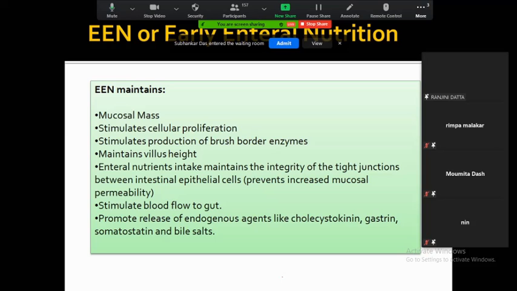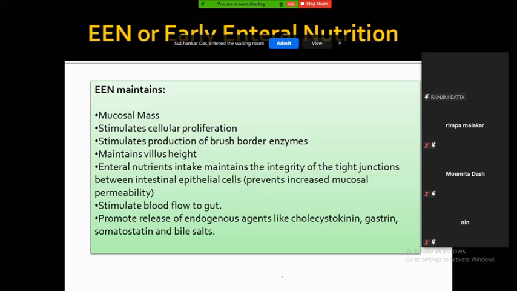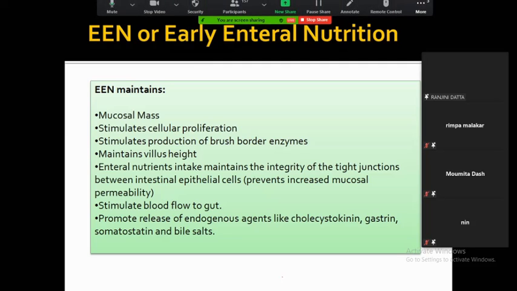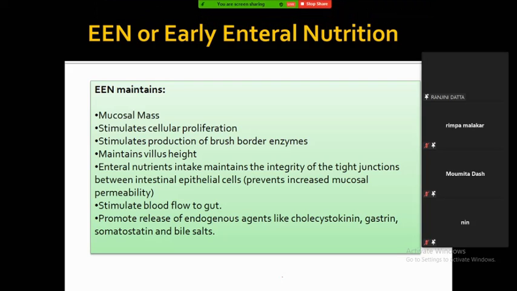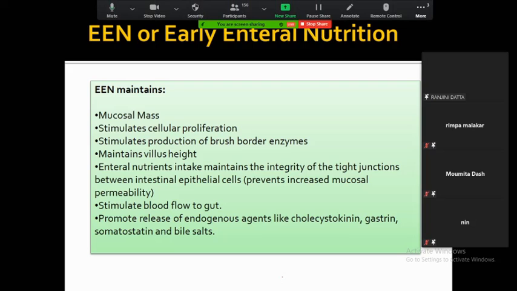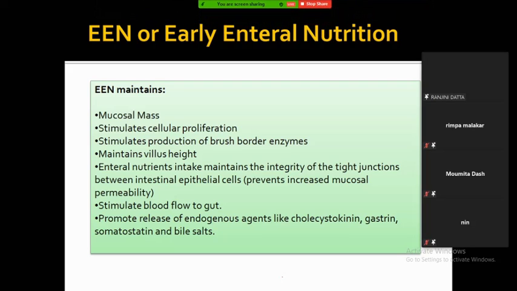Increased mucosal permeability would lead to SIRS, which is the major concern in enteral or parenteral nutritional feeding in a critical care setup. It stimulates the blood flow to the gut, and it promotes the release of endogenous agents like cytokines, gastrins, somatostatins, and bile salts.